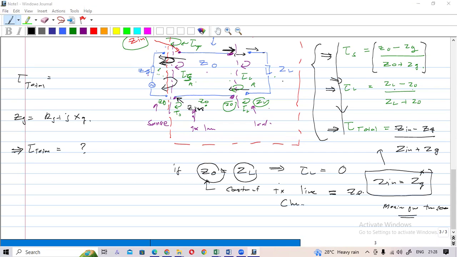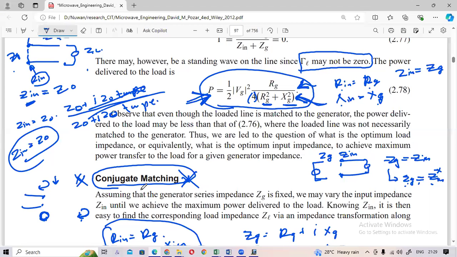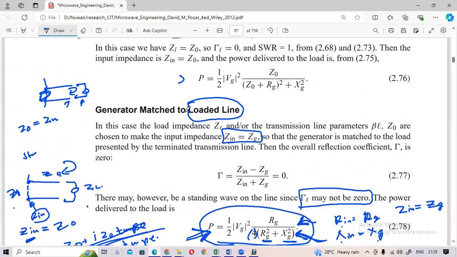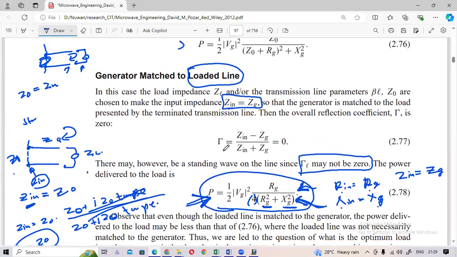So what is tau total? In this scenario, if the generator is matched to the loaded line, then the overall tau will be zero.